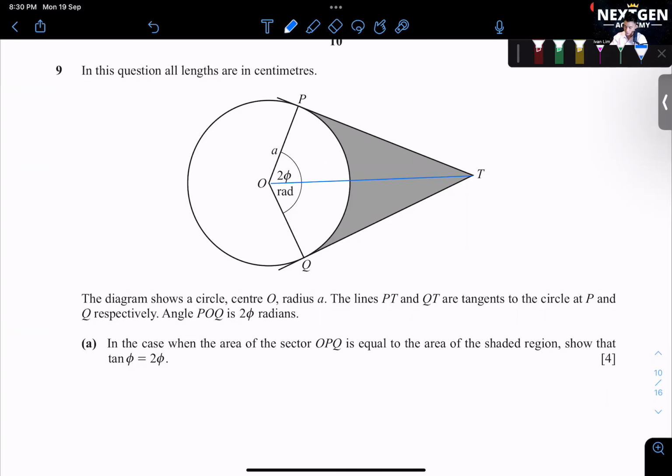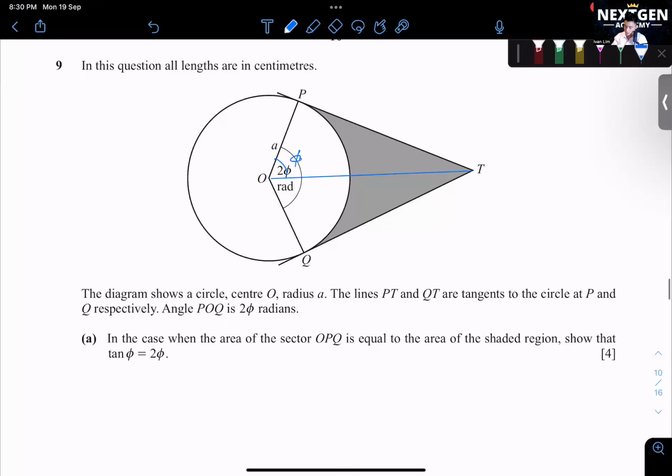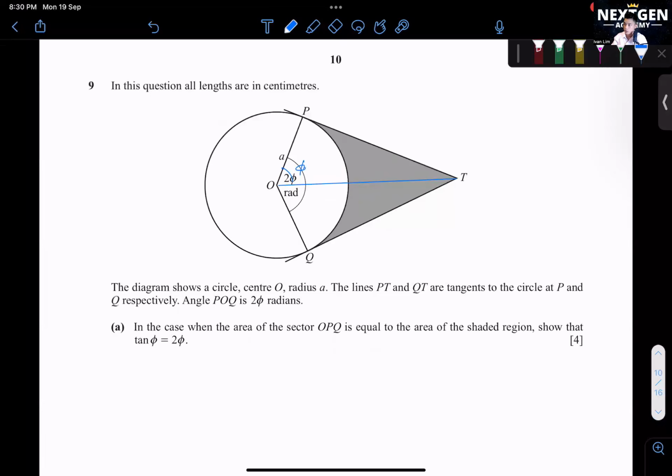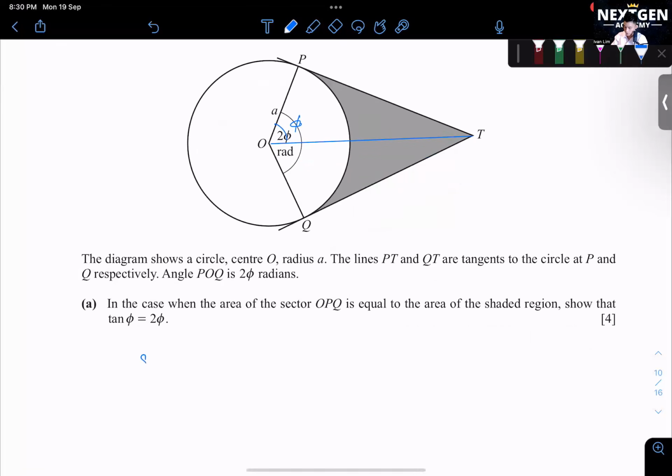So here is 2 phi, which means half of it will be just phi. It's actually just a 4-mark question. So the sector area: we calculate the sector area first. Sector area equals half r squared theta, so half A squared times 2 phi.